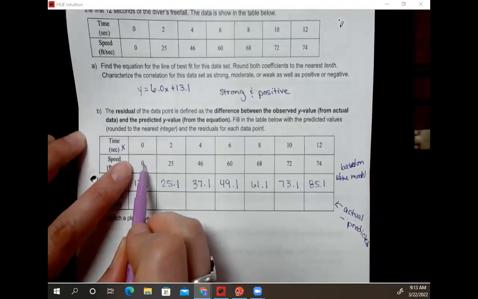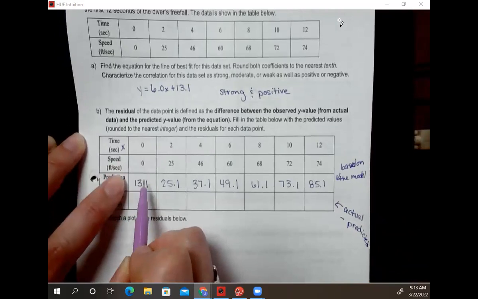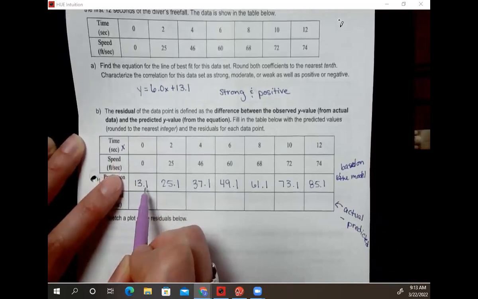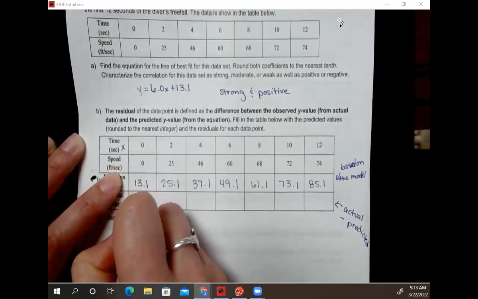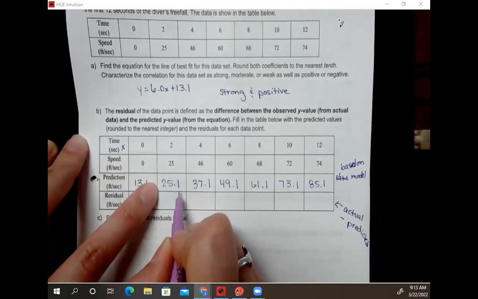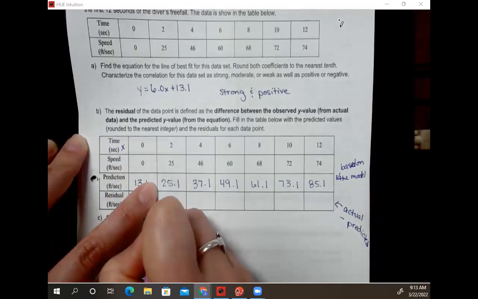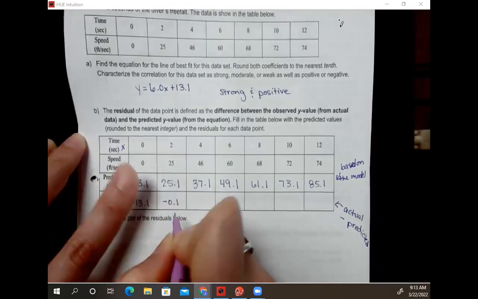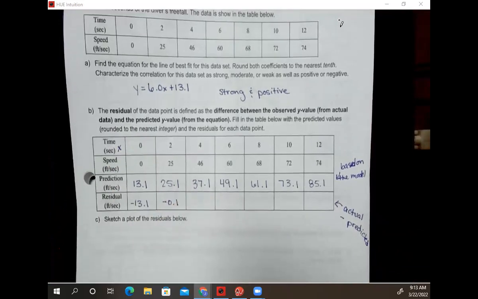So I would take this minus this. So 0 minus 13.1 is negative 13.1. 25 minus 25.1 would be negative 0.1. That make sense?